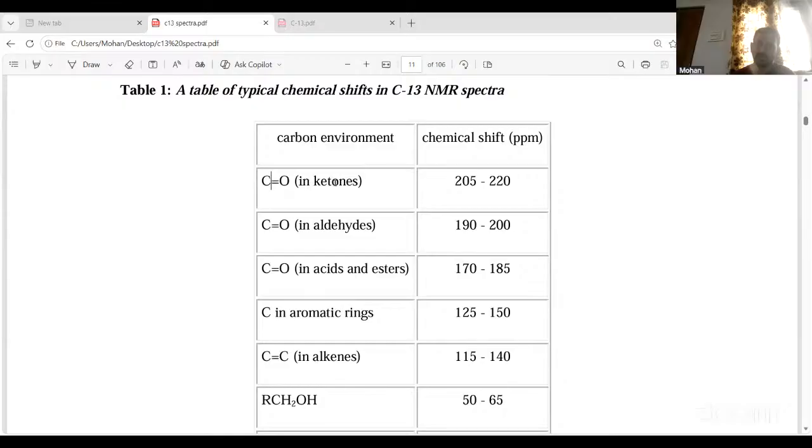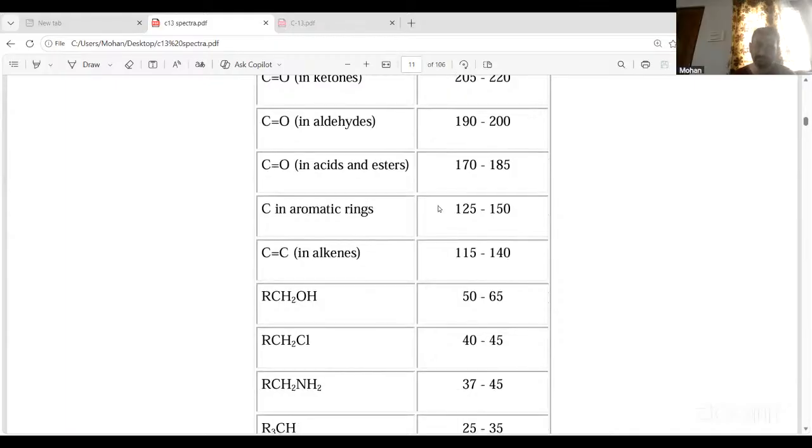Right, so the carbonyl group, when it is in ketones, the value is 205 to 220, depending on the factors or the groups here. And when this carbonyl is part of an aldehyde, then the value is mentioned as 190 to 200. Okay, and the carbonyl can be in an acid or an ester.